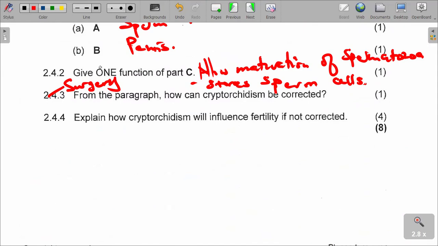The next question is saying, explain how it will influence fertility if not corrected.